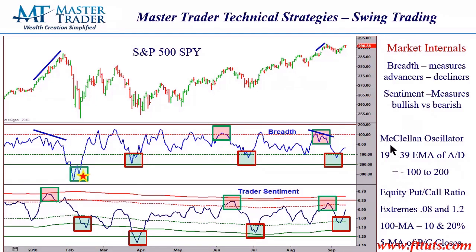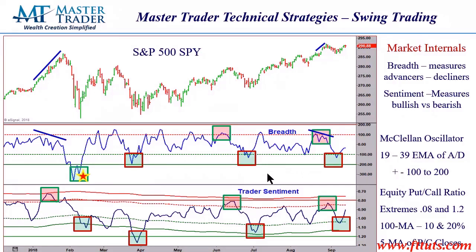If you're familiar with what's called an MACD indicator, all that is doing is looking at the difference between two moving averages, and that is what this McClellan oscillator is doing. It's looking at the difference between the 19-period exponential moving average and the 39-period exponential moving average of that advances minus declines. And it oscillates back and forth between the 100 to 200 area, meaning plus or minus 200.